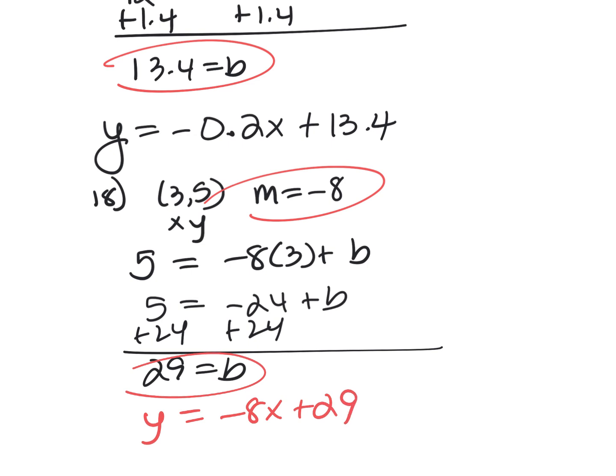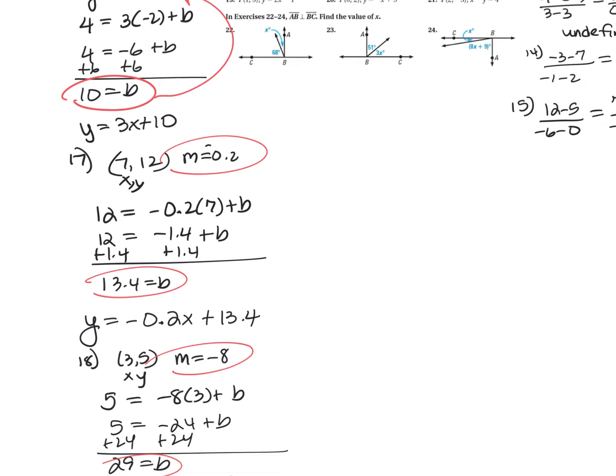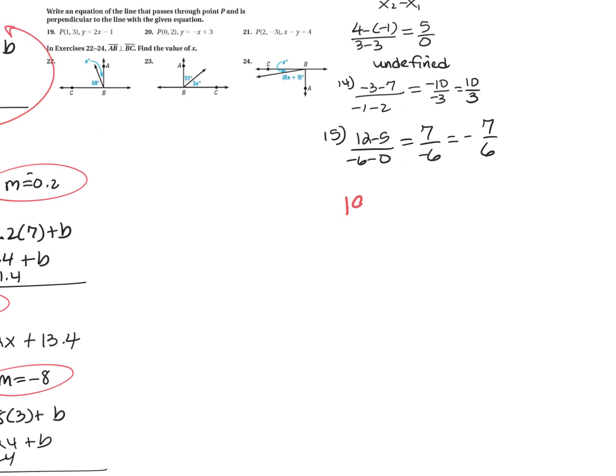Yes. Now we're going to do the same thing, but we're going to turn the slope into the opposite reciprocal because the lines are perpendicular. So for number 19, come back over here. They gave us a point of (1, 3) and an equation, y equals 2x minus 1. The slope of this line is 2, but the perpendicular slope is going to be negative 1/2.